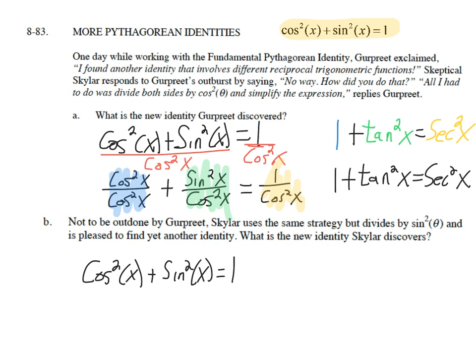Not to be outdone by Gurpreet, Schuyler uses the same strategy but divides by sine squared and is pleased to find yet another identity. So now let's divide both sides by sine squared x.